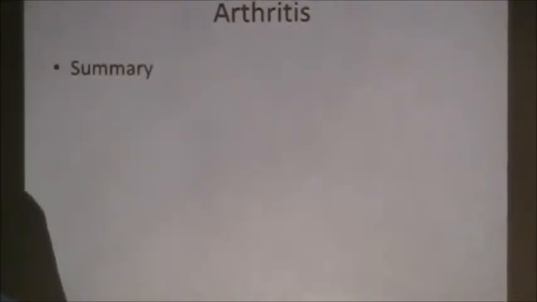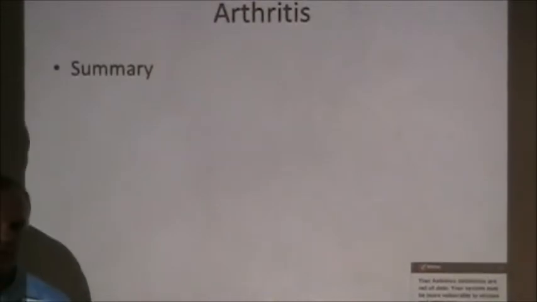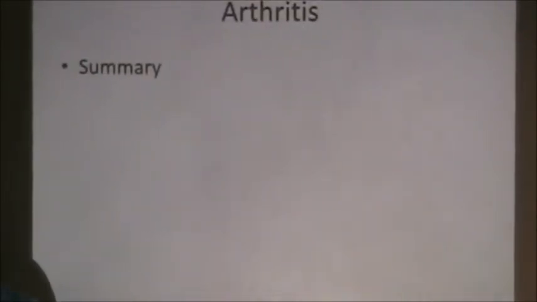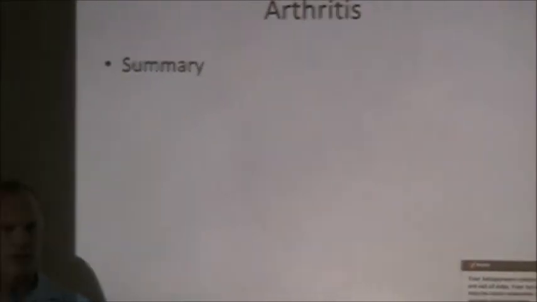So we talked about how there are more than 100 different kinds of arthritis. We talked today only about osteoarthritis, rheumatoid arthritis, and septic arthritis. We talked about treatment for each of those. Osteoarthritis is often better in the morning, worse at night, opposite for rheumatoid arthritis. We want our clients who have arthritis to stay active. We talked about pain.